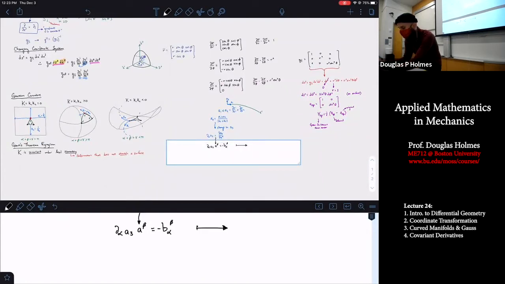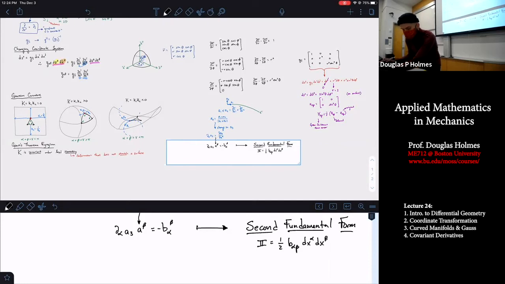It would be defined in terms of the second fundamental form, in which we write the second fundamental form is 1/2 B alpha beta dx alpha dx beta. Now that probably doesn't help you, but we've just said that B alpha beta is a 2 by 2 tensor.